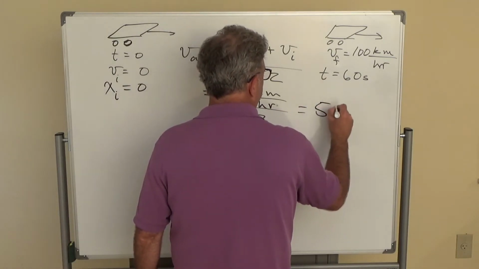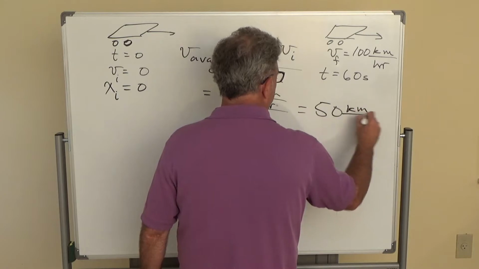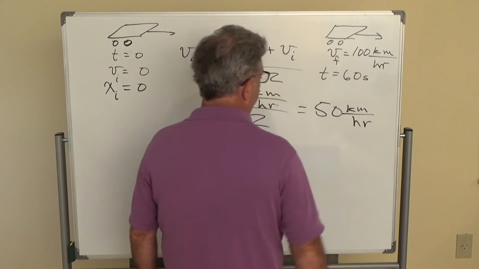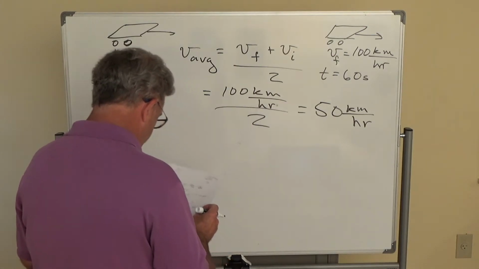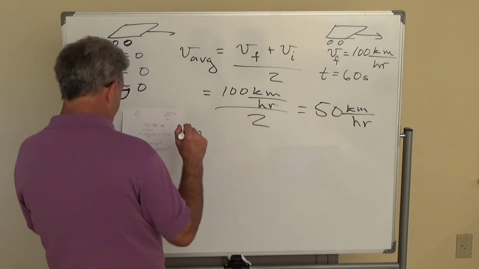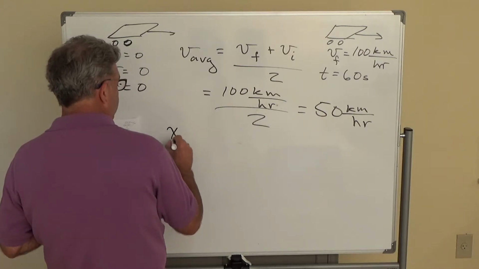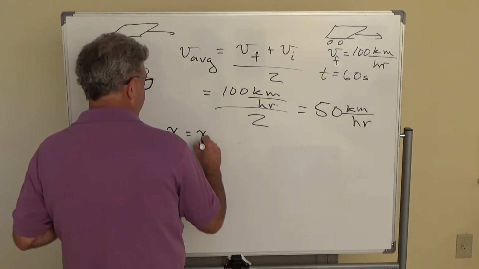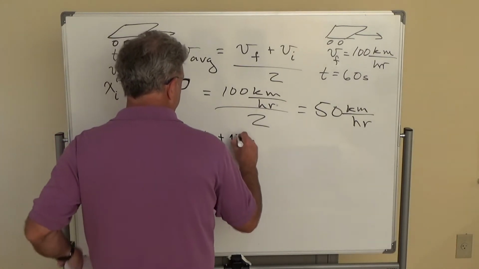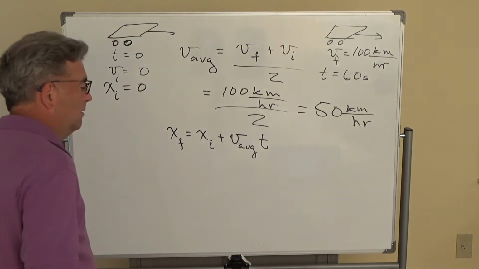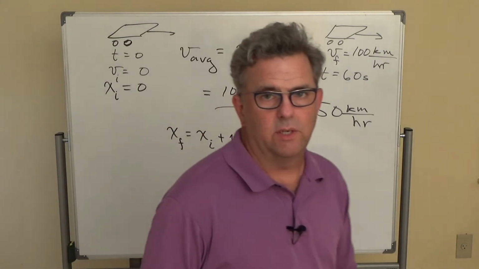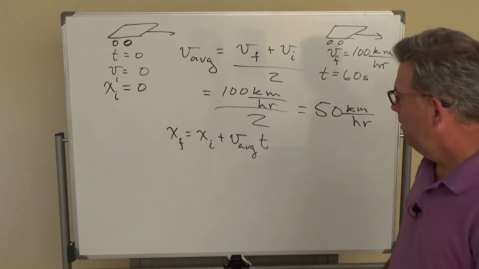So this is equal to 50 kilometers per hour. That's the average velocity. And by knowing that, you have that x final is equal to x initial plus v average t. That was one of the equations that we wrote down a second ago.